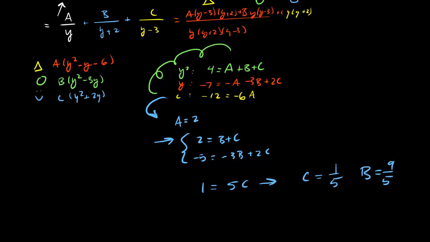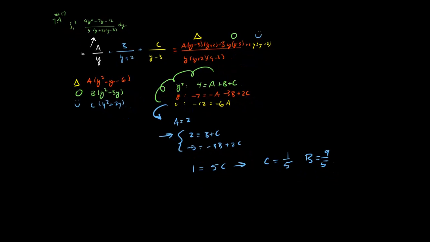Let's stick these into our problem now and try to integrate here. So our original equation can now turn into this. The integral from 1 to 2 of 2 over y plus 9/5 times 1 over y plus 2 plus 1/5 times 1 over y minus 3 dy.